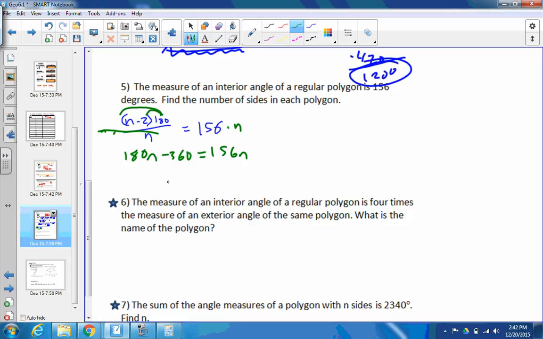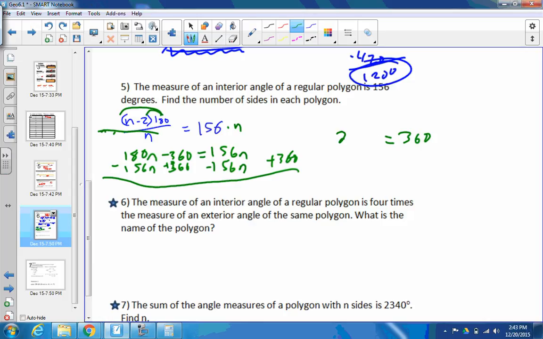Alright, so it depends on how you want to work it, but if we subtract 156n from both sides and add 360 to both sides. Trust me, that says 360. We end up having 360 on the right, and 180 minus 156 is 24, so 24n equals 360.